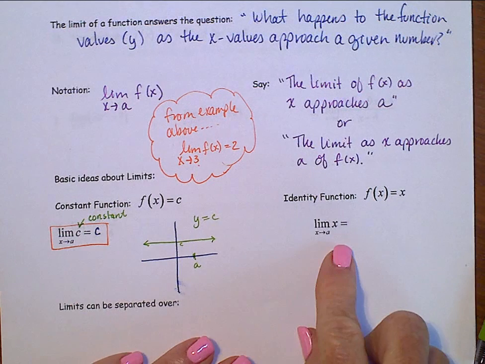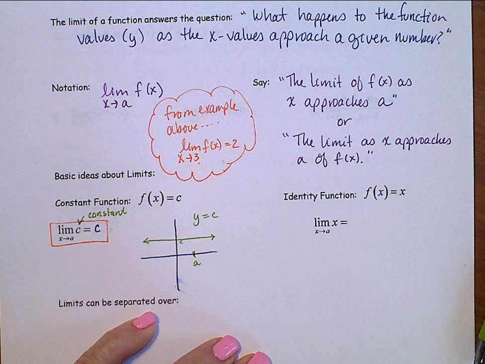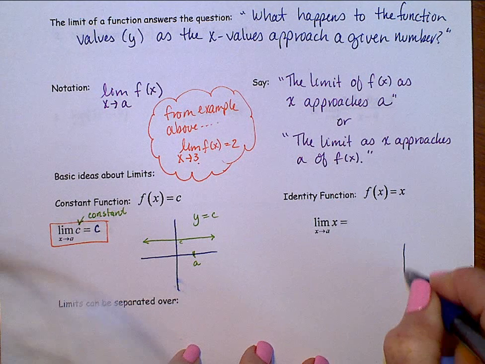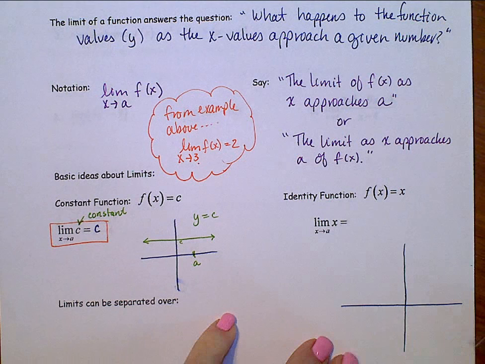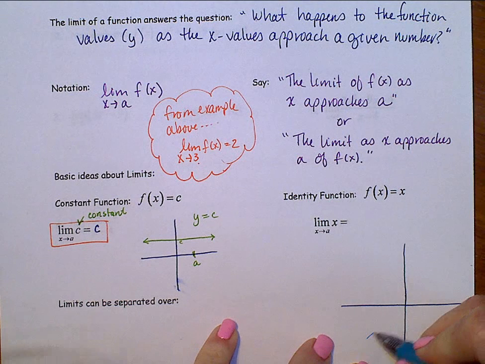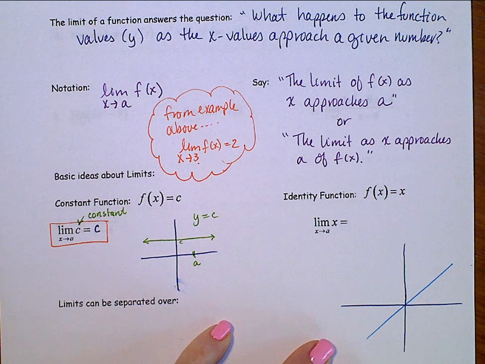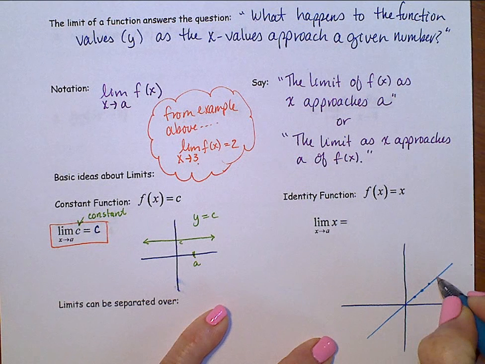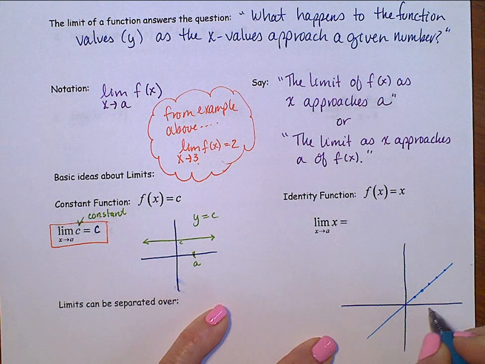The identity function, f of x equals x, let's find the limit of that function then. If we sketch a graph of y equals x, that looks something like that. There are some points on here: 1, 1, 2, 2, 3, 3, 4, 4, 5, 5, etc. What happens is we look close to some random point, a.